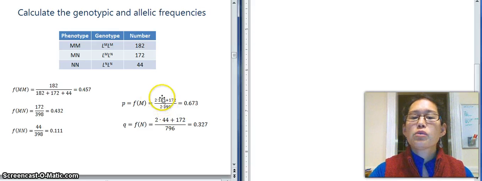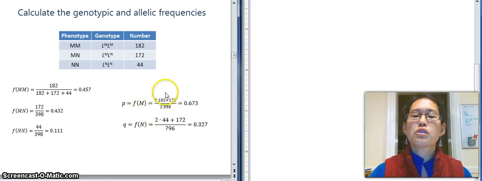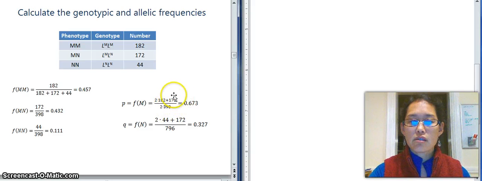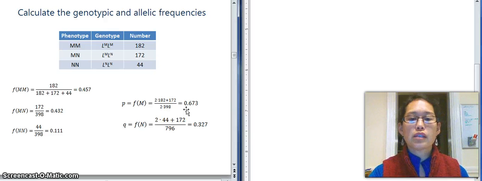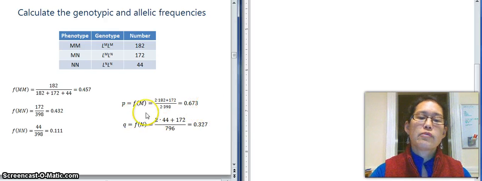For the M allele, it's the number of individuals with the homozygous genotype times 2 plus the number of heterozygotes, divided by the total times 2, because each individual has 2 alleles. And then you would do the same for Q.